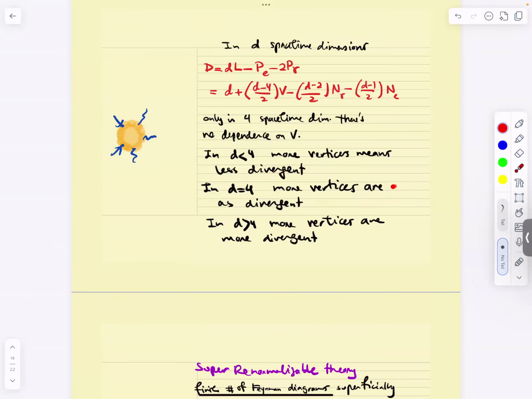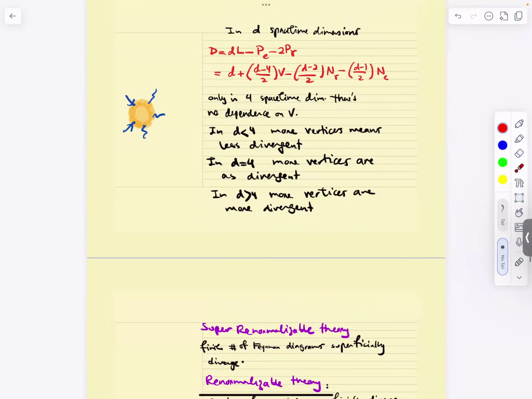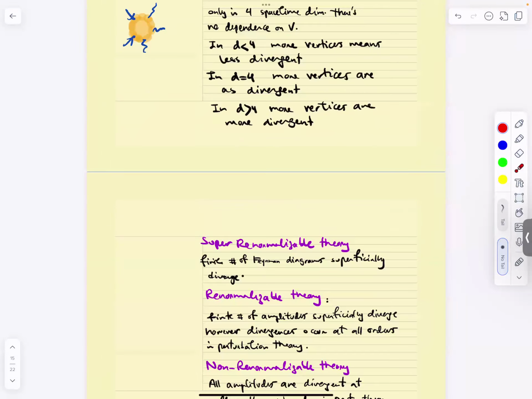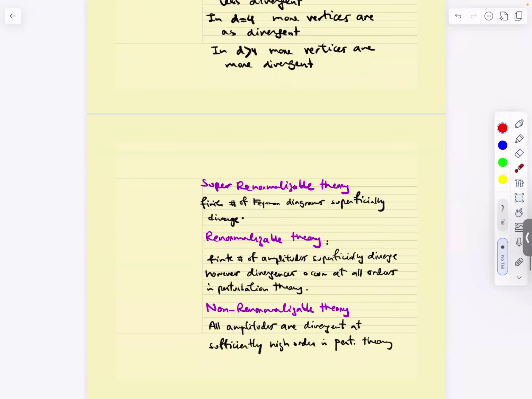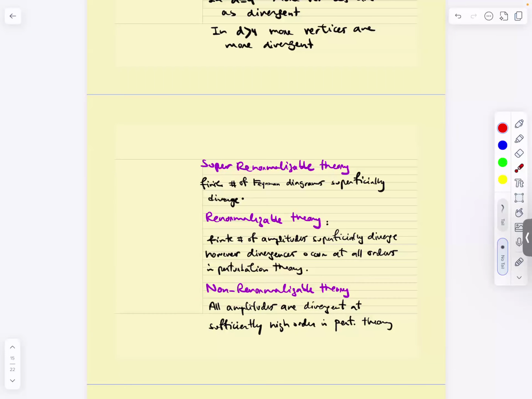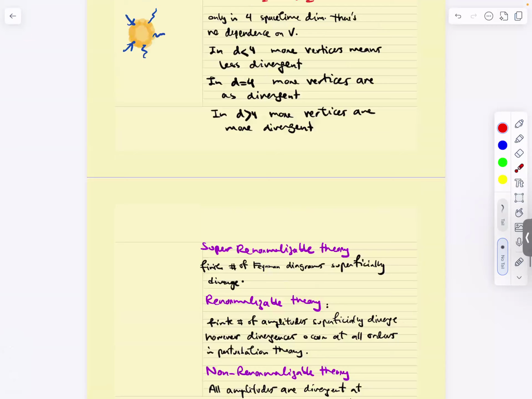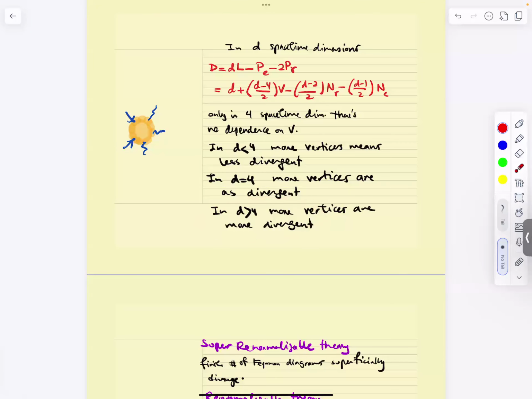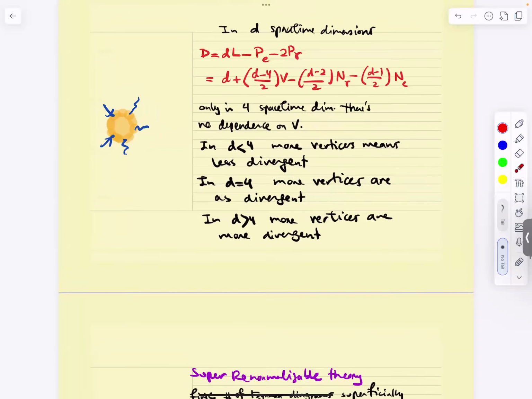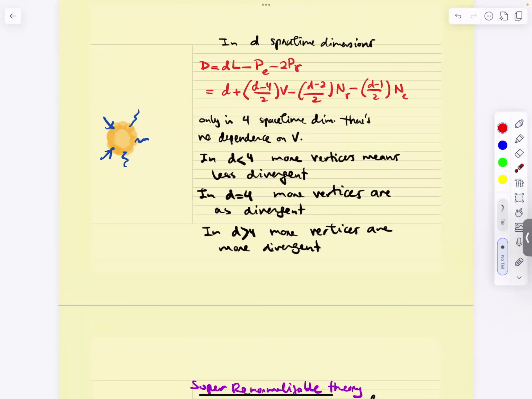That's the case of d equal 4 in QED. And the theory is non-renormalizable if all amplitudes at sufficiently high order in perturbation theory diverge. That is the case of QED in space-time dimension larger than 4. Are there any questions?